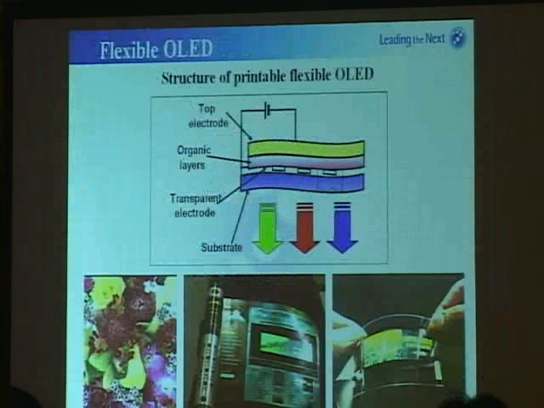Next, please. This picture shows the structure of printable flexible OLED. The organic layers, including the light emitting layers and the charge transport layers, are sandwiched between the top electrode and the transparent bottom electrode, as shown in these pictures.